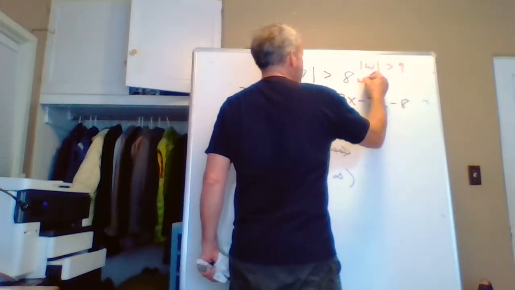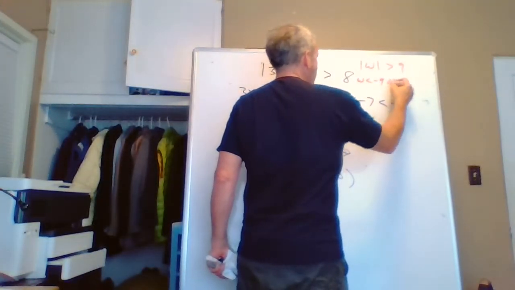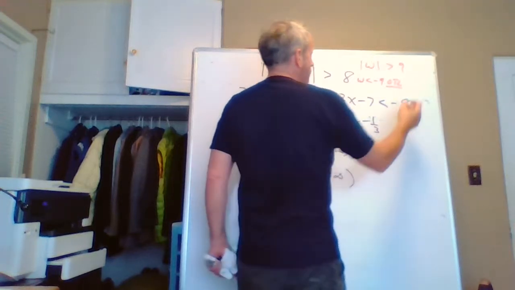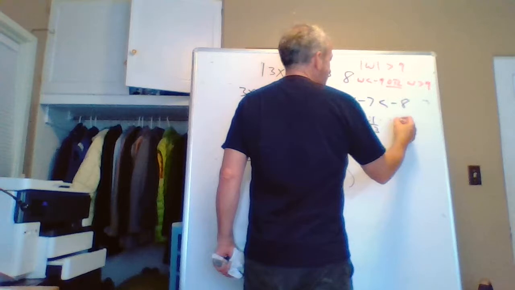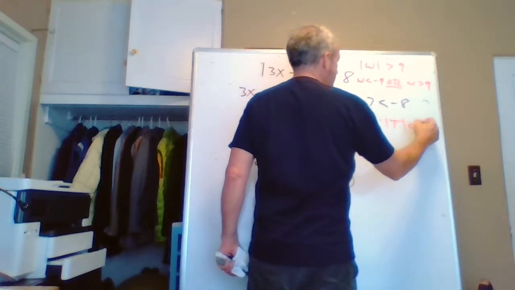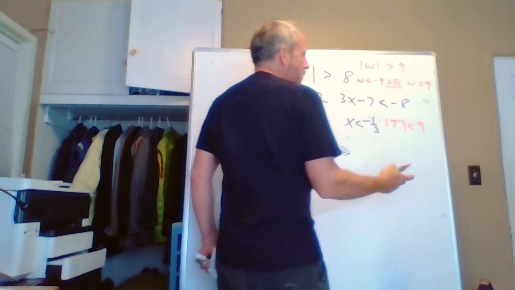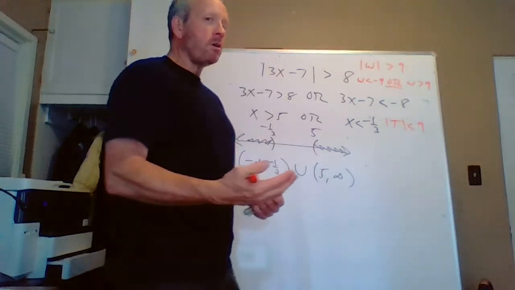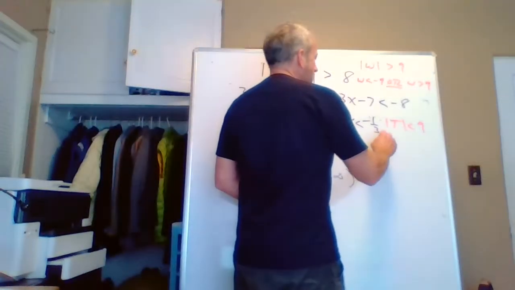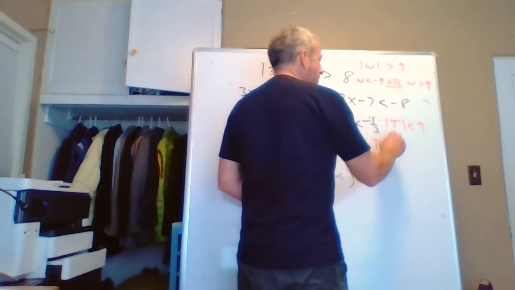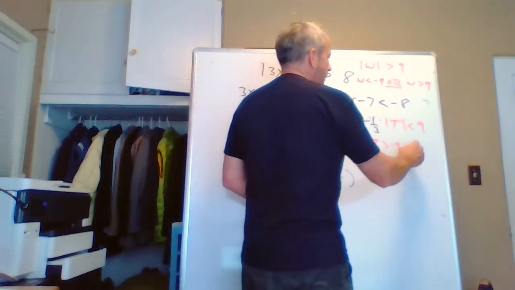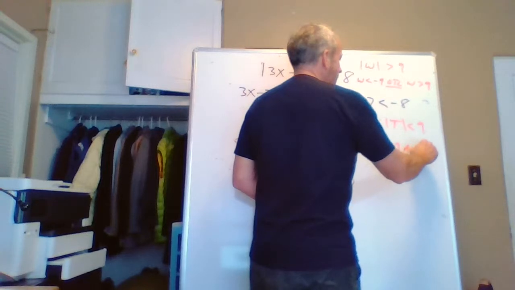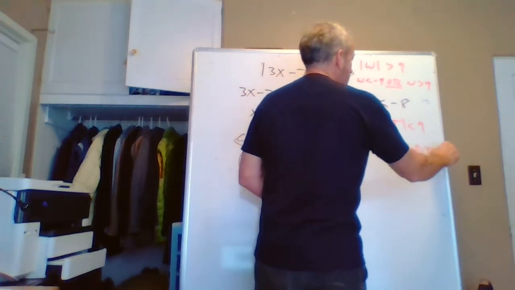So either W is less than negative 9, or, and you do use the word or, W is greater than 9. If I said the absolute value of T is less than 9, well, T is closer to 0 than 9. So that would mean that T would have to be greater than negative 9, to the right of negative 9. And at the same time, T has to be less than 9.